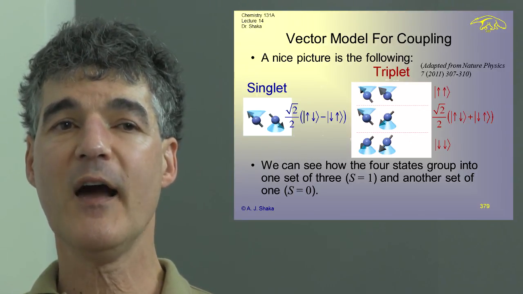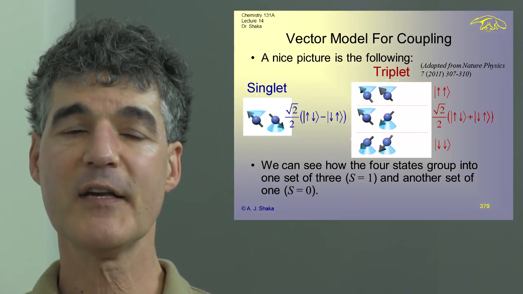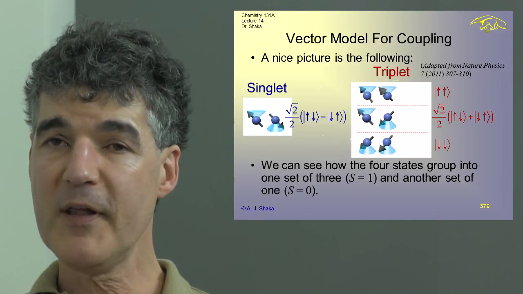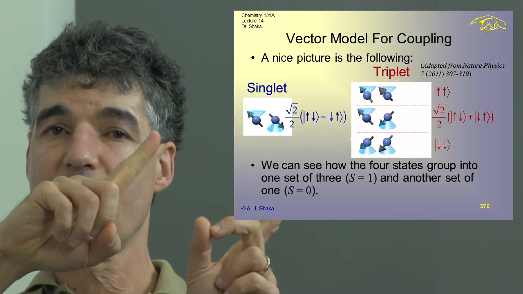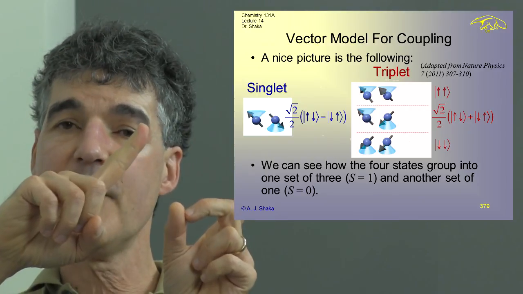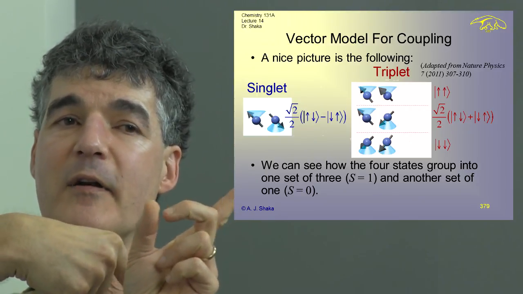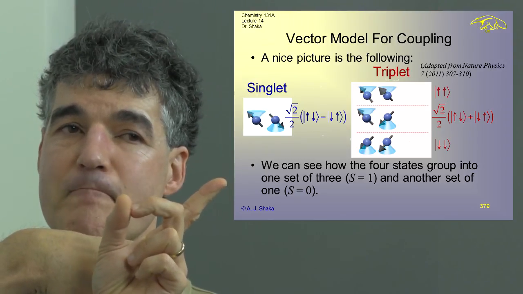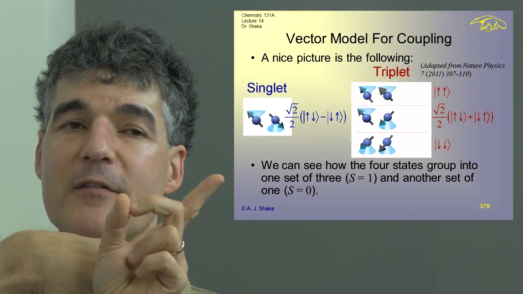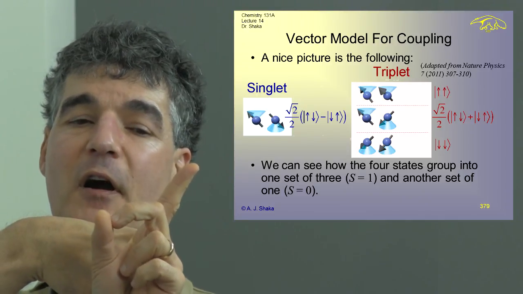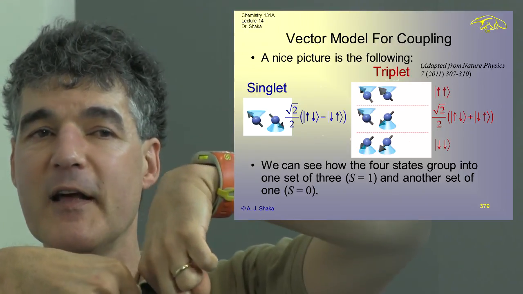And we can see I've written these kets next to each orientation. For the triplet, they could be both parallel, both up. They could have 1 up and 1 down, but pointing the same direction, like that. So this would be S equals 1, M sub S equals 0, and then they could both be pointing like this.